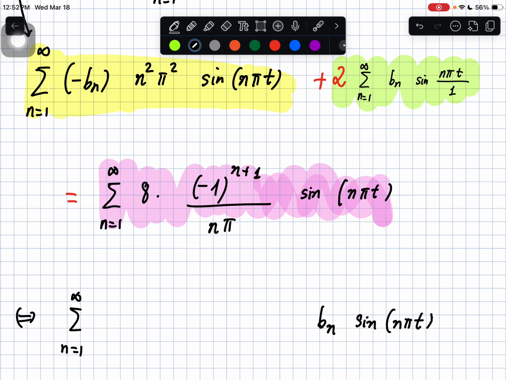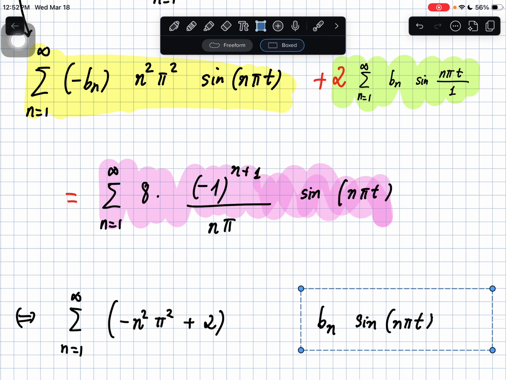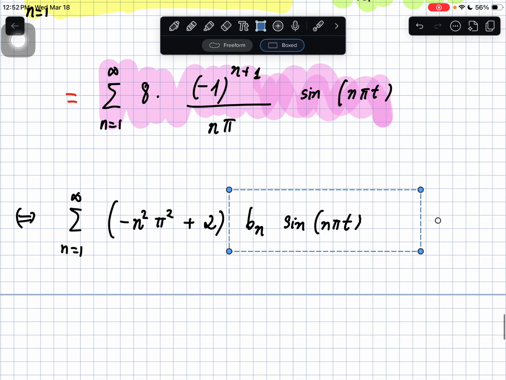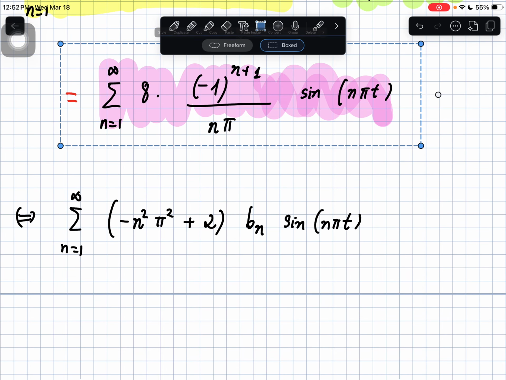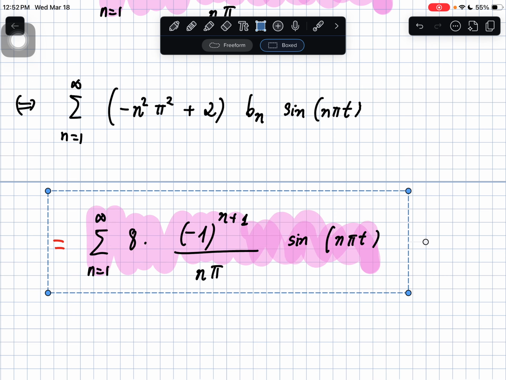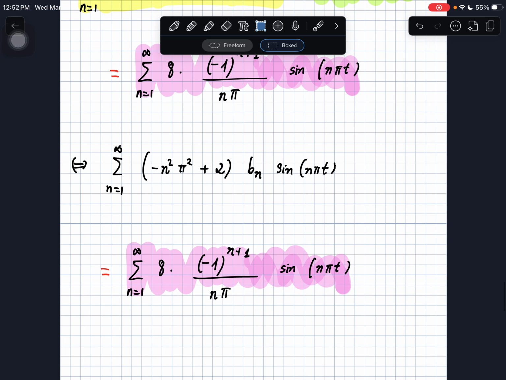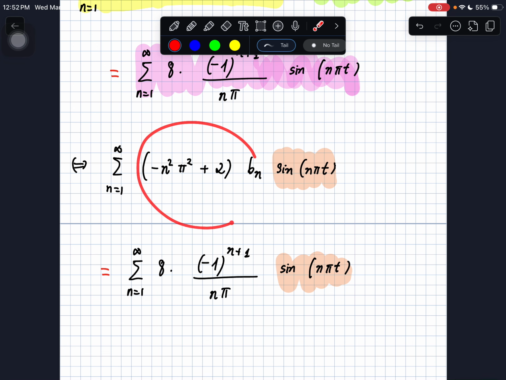Inside we have minus n squared pi squared plus 2, equal to the right hand side. So you see here we have sine n pi t on both sides, so let the coefficients be the same.